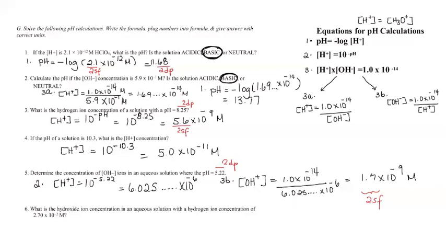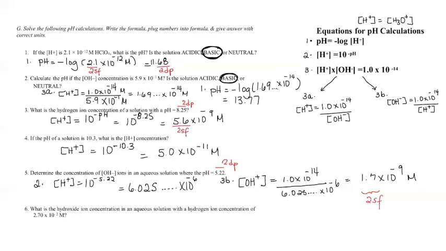Let's do the last problem, which is, what is the hydroxide concentration in an aqueous solution that has a hydrogen ion concentration of 2.70 times 10 to the negative 2?